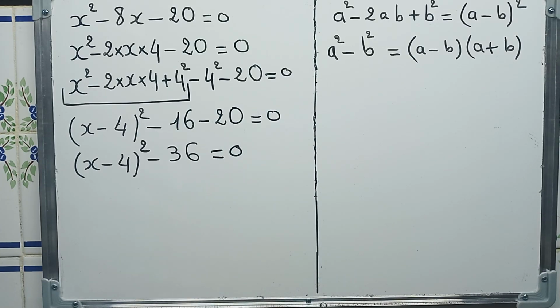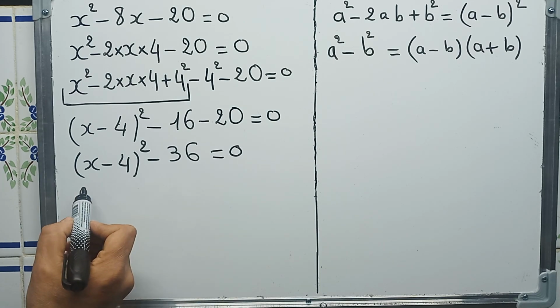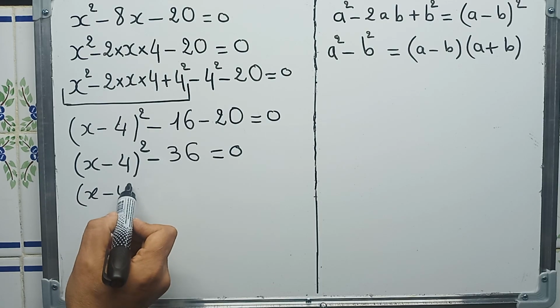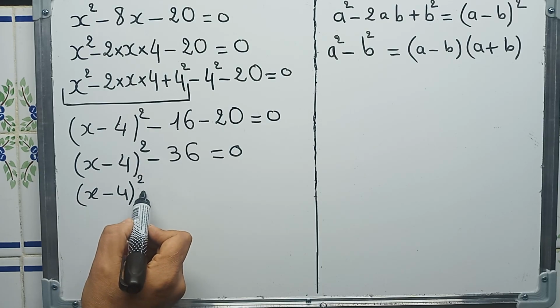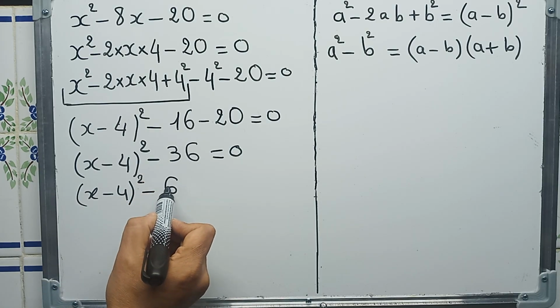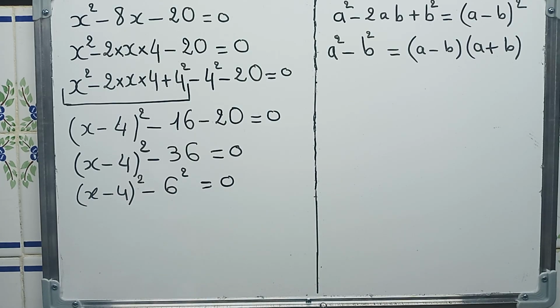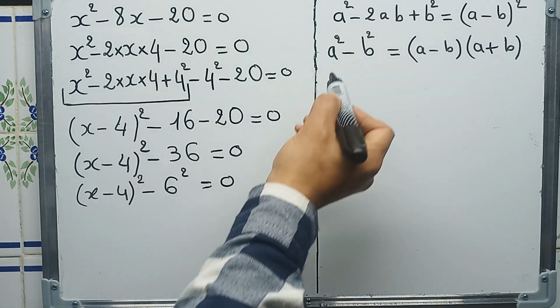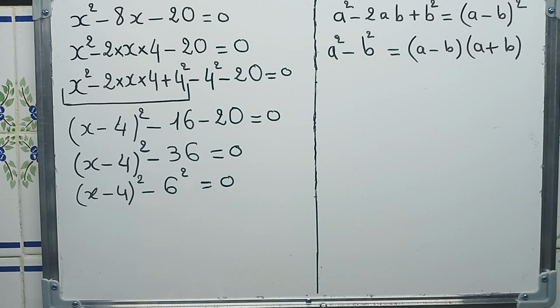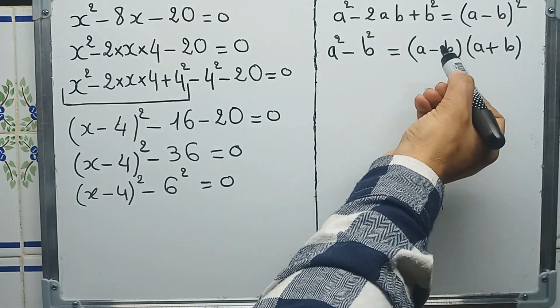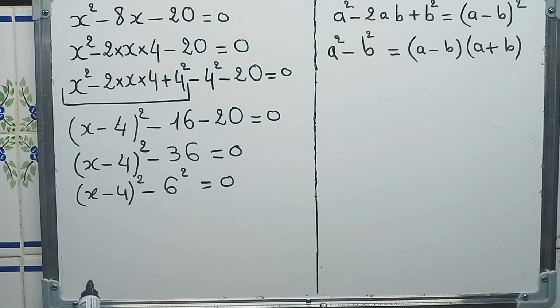And 36, of course, is a perfect square. So we continue: x minus 4 squared minus 6 squared equals 0. And here we use the second special product: a squared minus b squared is a minus b times a plus b.